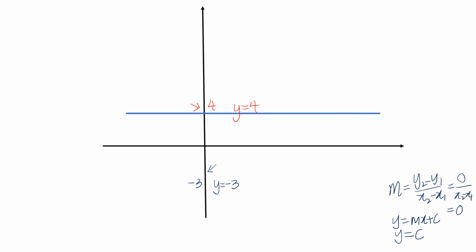Right, so now let's look at what happens if you have a vertical line. Let's go back to the formula to find the gradient of any line segment, which is y2 minus y1 over x2 minus x1.